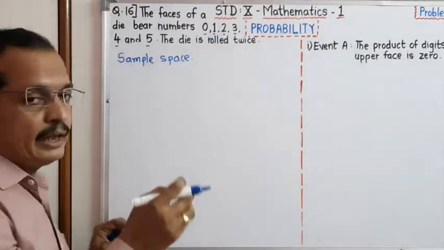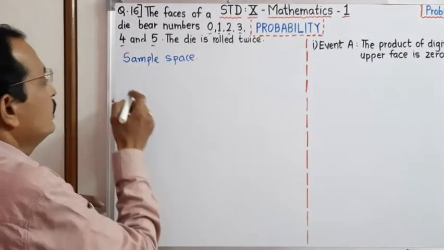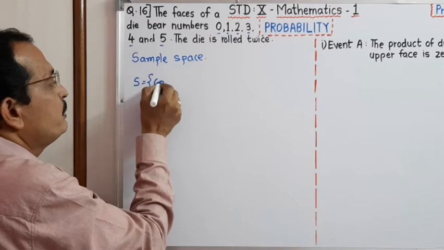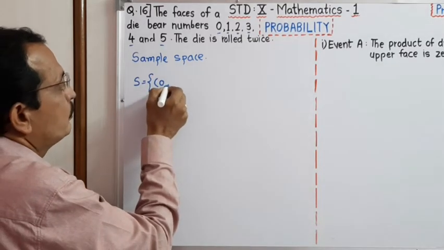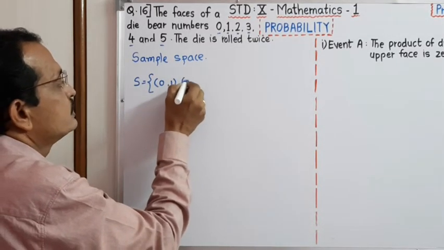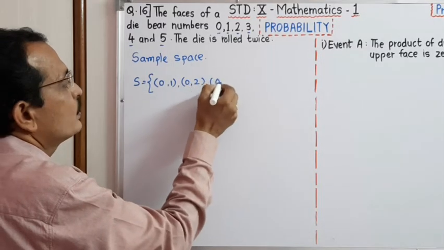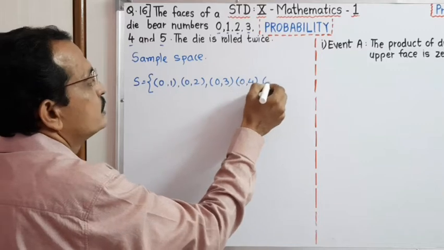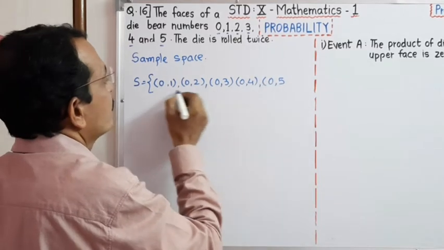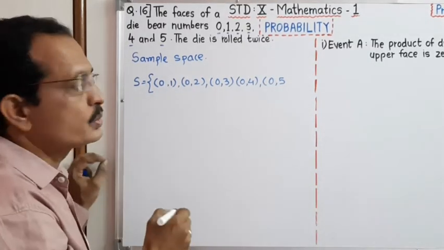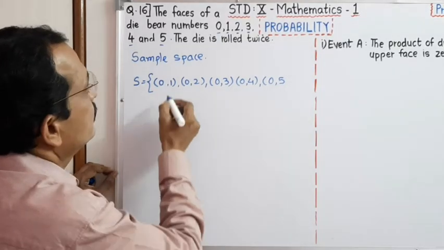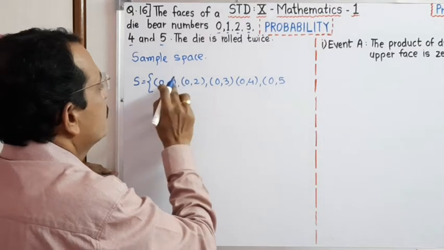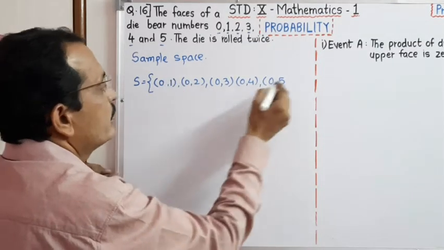Now this die is rolled twice. Therefore we have to write the sample space S. It may be 0 and 1, 0 and 2, 0 and 3, 0 and 4, 0 and 5.